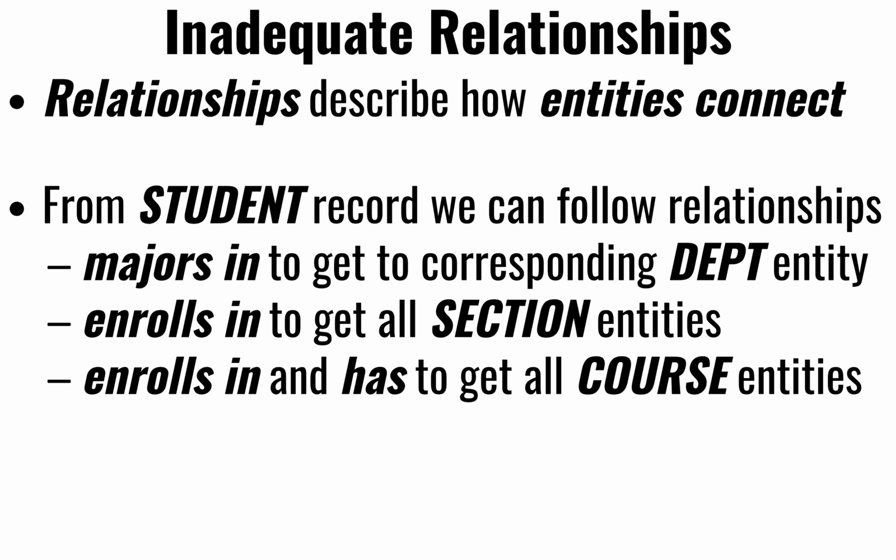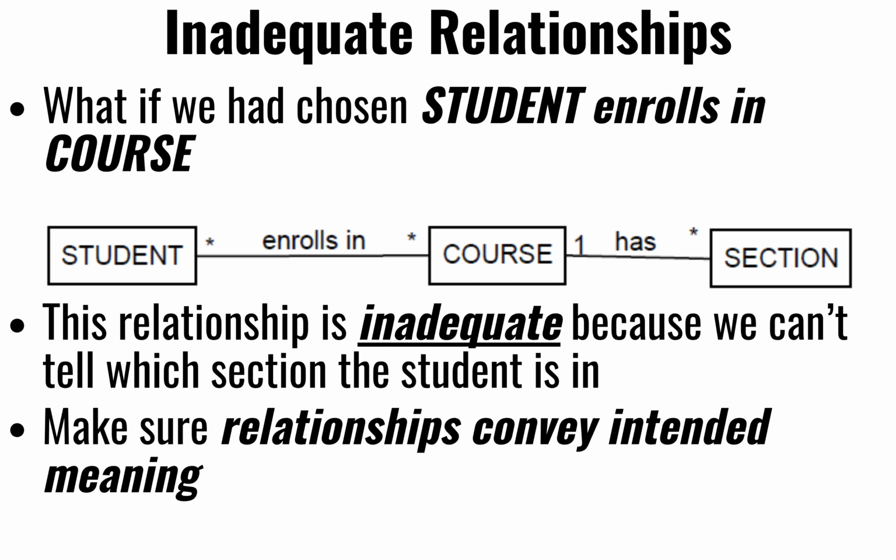All right, so first let's look at some of the inadequate relationships. What do we mean by inadequate relationships? As you were reading this and considering one noun related to another noun, you might draw this in a diagram. For instance, you might have read that students can enroll in a course.